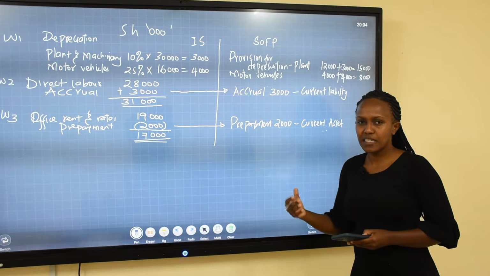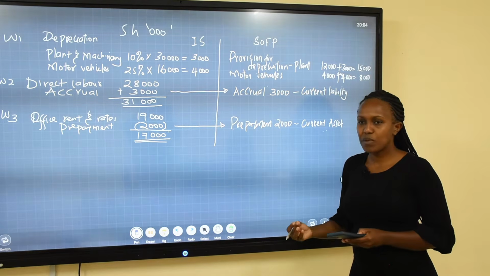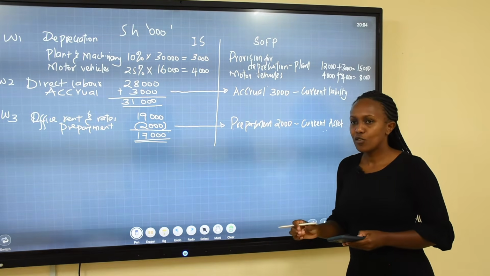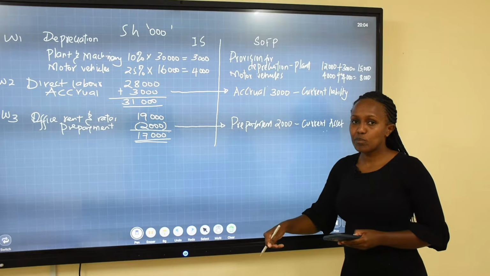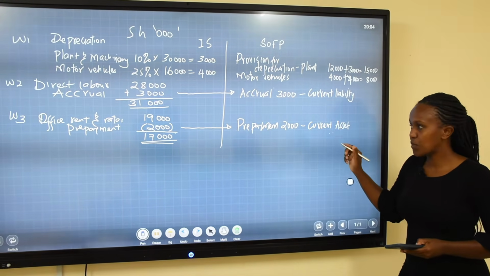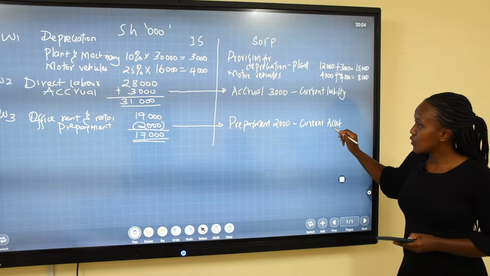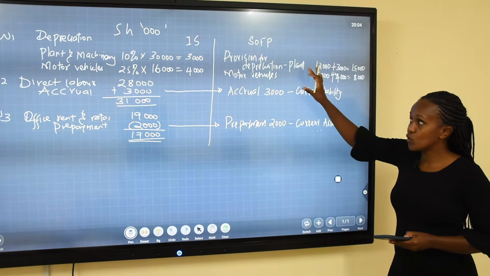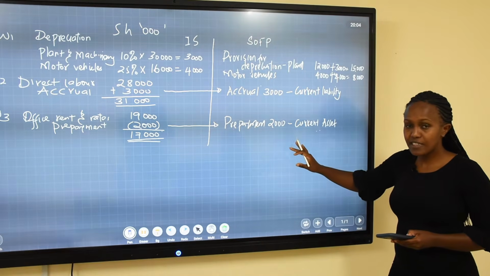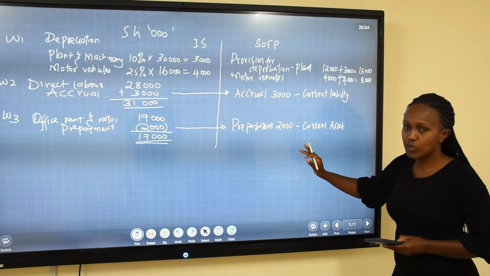So it is our money paid in advance to a provider of a service for an expense we have not yet incurred. So until we come to the next period when you are going to incur that expense, this to us is an asset. It is a prepaid amount. It is our money that is paid in advance. So this is going to be a current asset. It's good we note that these are the adjustments, both in the income statement and the statement of financial position.